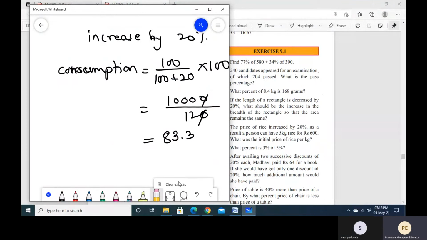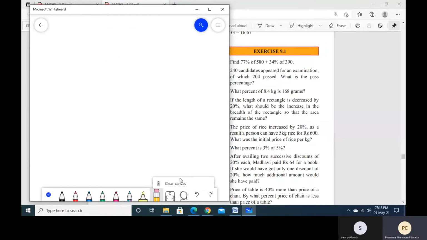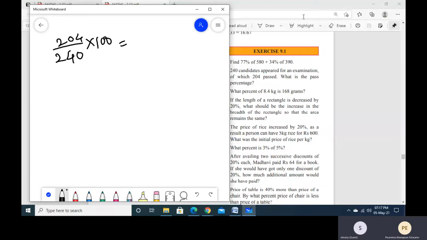Out of how many? 240. How many passed? 204. So out of 100, how much? Now we have to divide, multiply, whatever you have to do, and find the percentage. I think the percentage is more than 80.